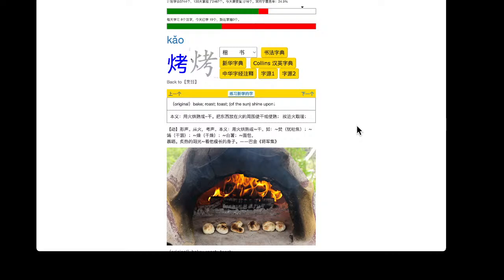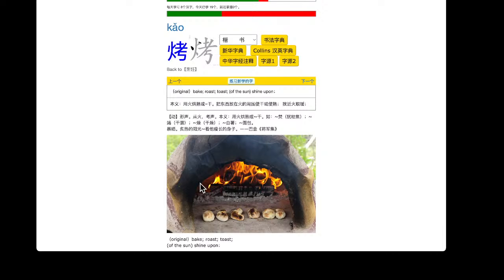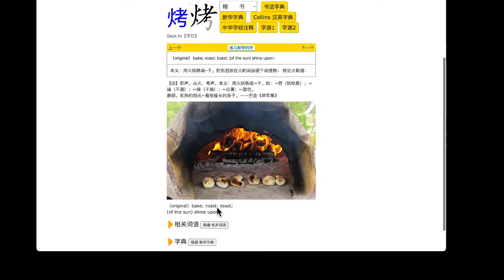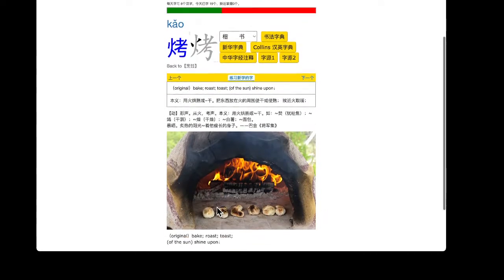You can use this character for that too. 烤面包, 烤白薯 means bake the bread, bake some sweet potatoes. You need fire, and this is an enclosed space, so you can retain the heat inside, and then you put the food inside to bake it. So this is called 烤.